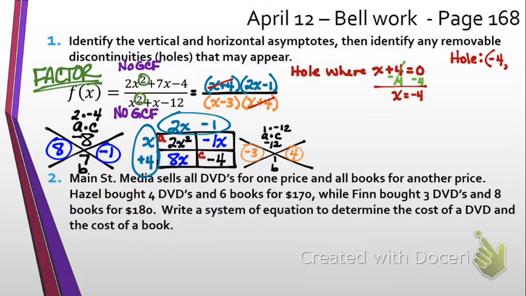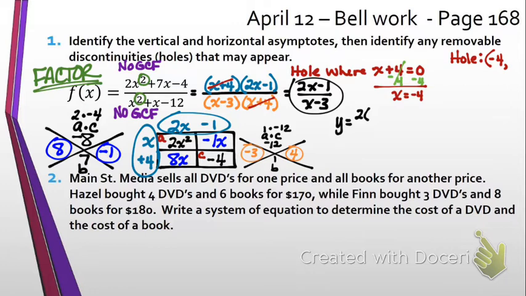All right, so fill in all the remaining x's with negative 4. So here's what we had left over after we canceled. So we're going to do y equals 2, and then we're going to put our value for x in there.